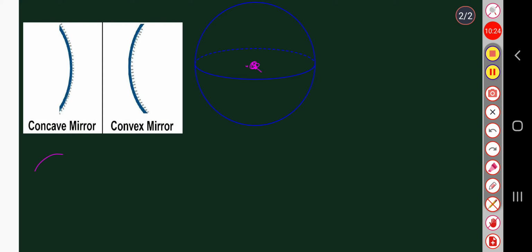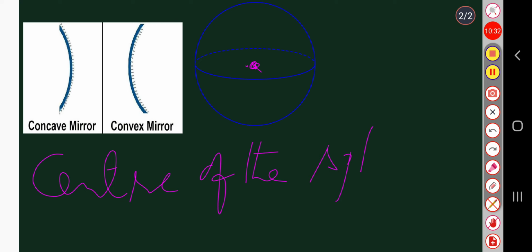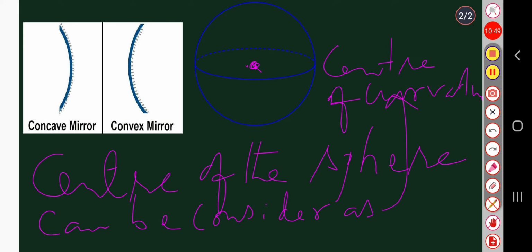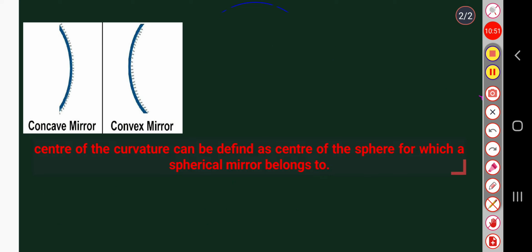The center of the sphere can be considered as the center of curvature of the spherical mirror. It may be a convex mirror or a concave mirror. So center of curvature is nothing but the center of the sphere to which a spherical mirror belongs.